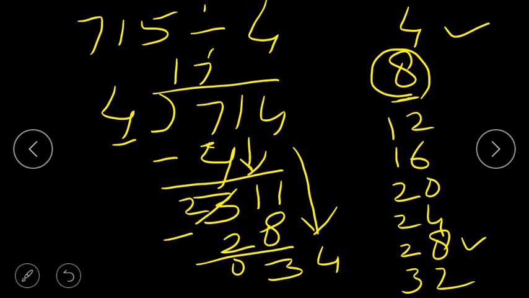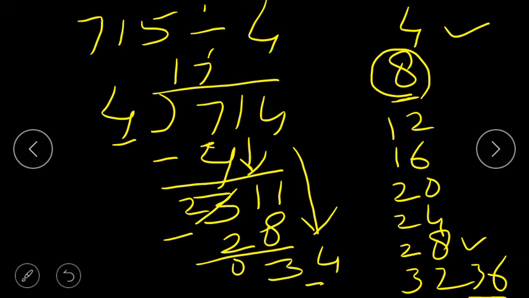Now again read the table of 4. You should come near to the number 34. Here children, 4 eights are 32, 4 nines are 36. You should know the table, otherwise you won't be able to do this division. So 36 is more than this 34. So you have to go 8 times only.